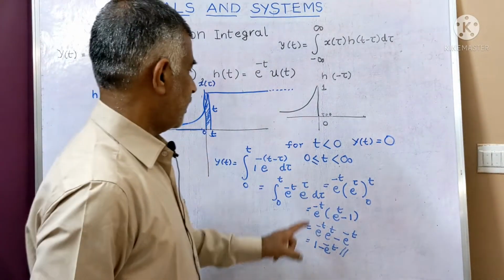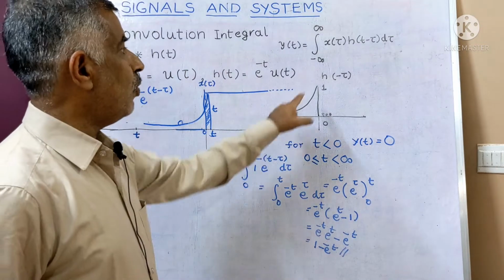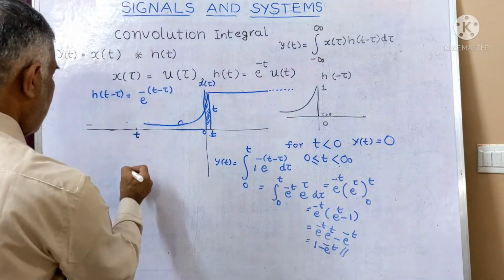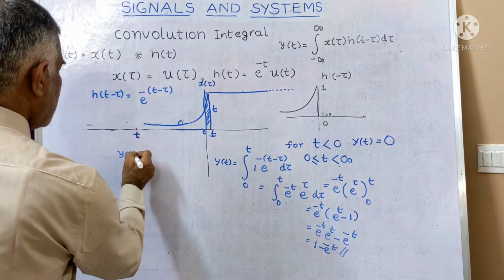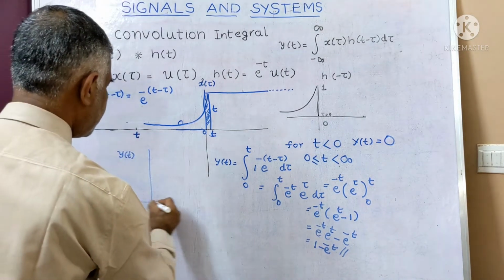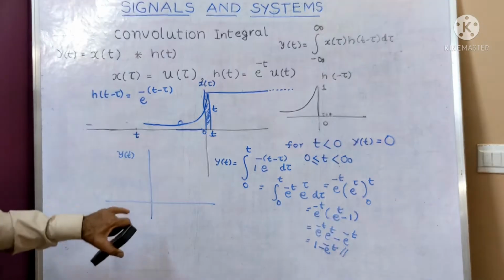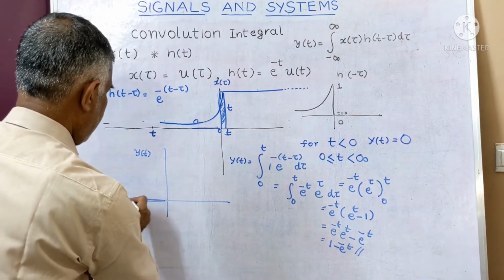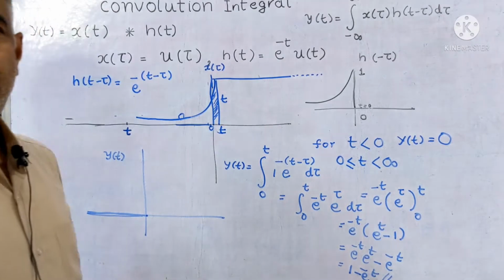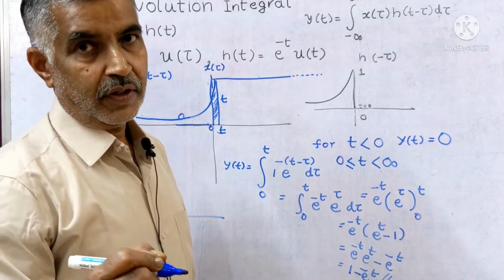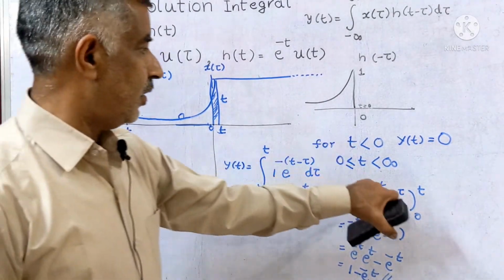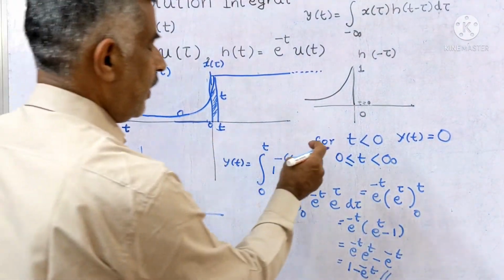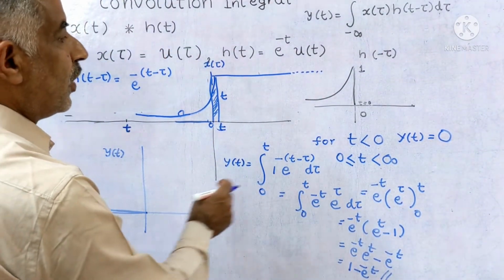And if this is correct, then only you can sketch a graph for y of t. So what is the y of t graph? This is the y of t graph. For t less than 0, it is 0. Because from one interval to another interval, continuity should be there. If you make a mistake here, then you will not have continuity. See here, there is continuity.